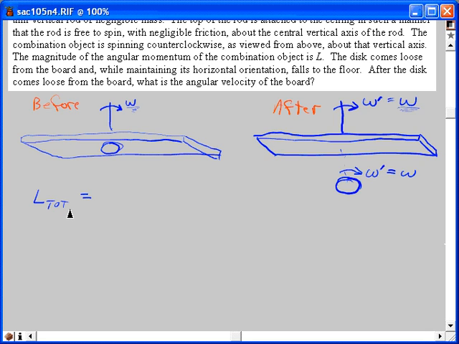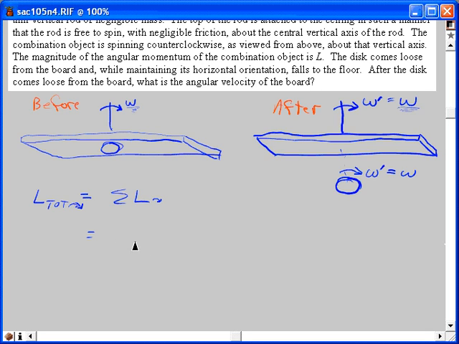Counterclockwise is viewed from above. The same kind of curvy arrow that I got there. Counterclockwise is viewed from above will be the sum of the individual momenta. Counterclockwise is viewed from above.